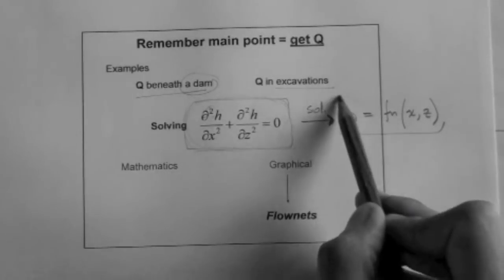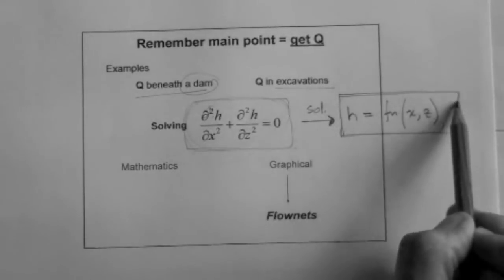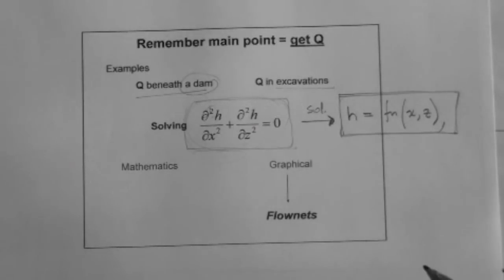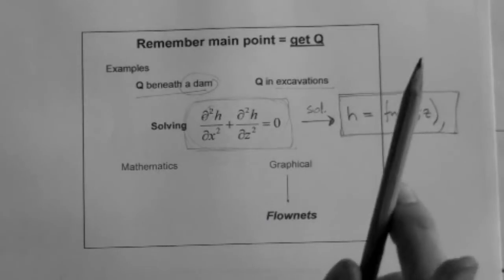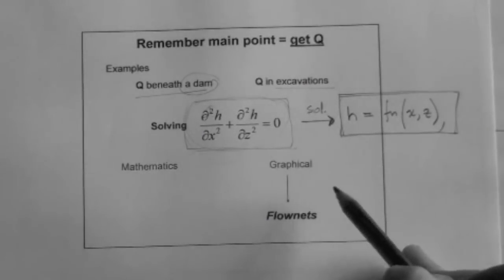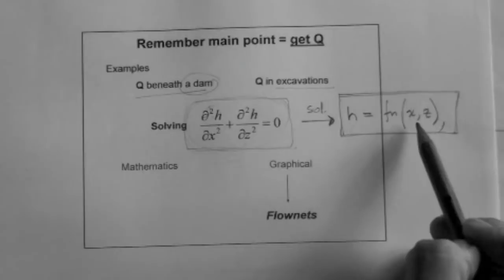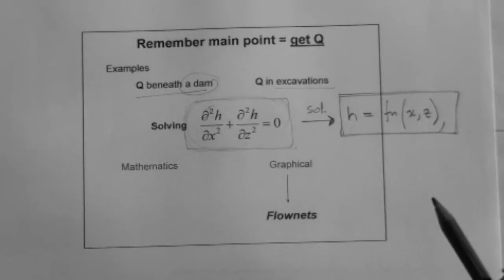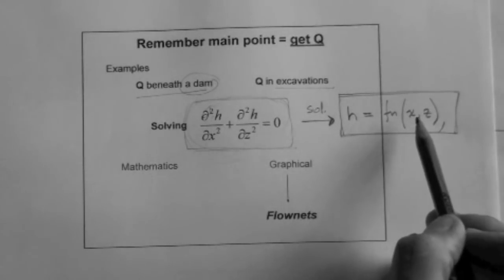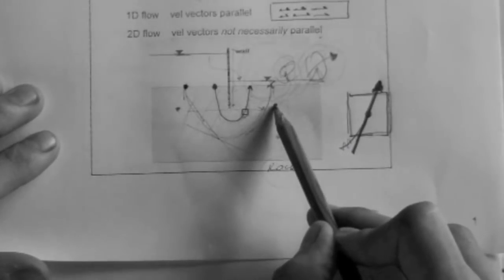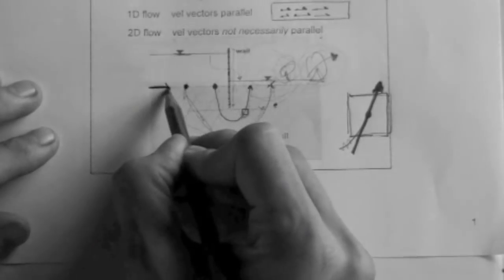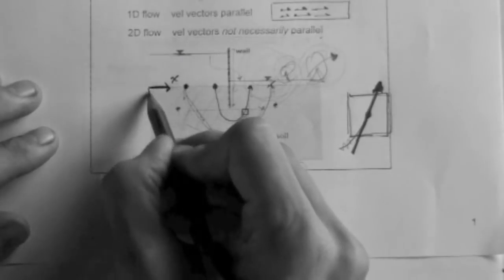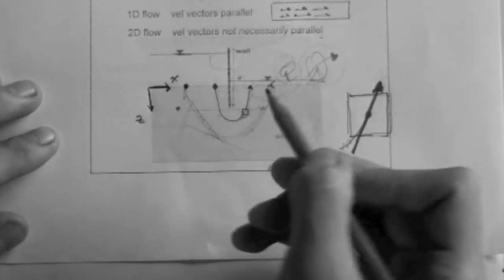So if you have this equation, then essentially what you can get is the head, that is the total head, there's no subscript, that means total, the total head at any point. Why at any point? Because a point here, for example, is described by its coordinates, x, z.